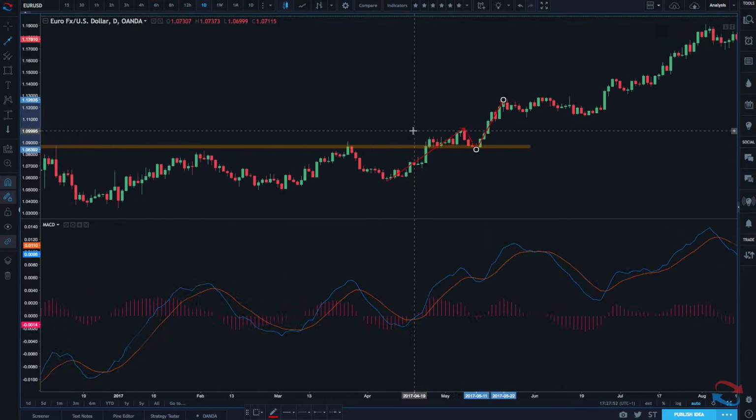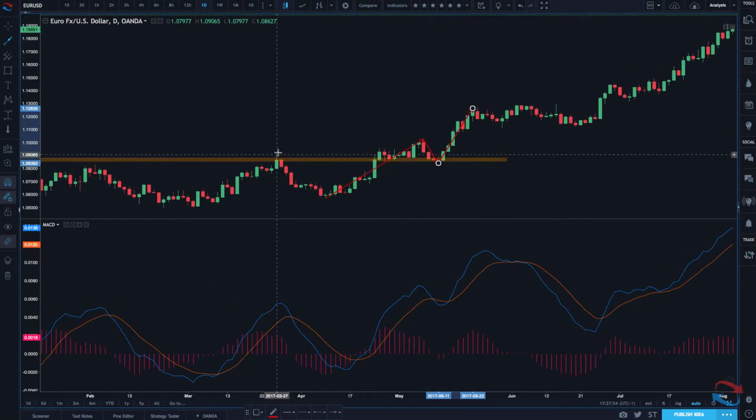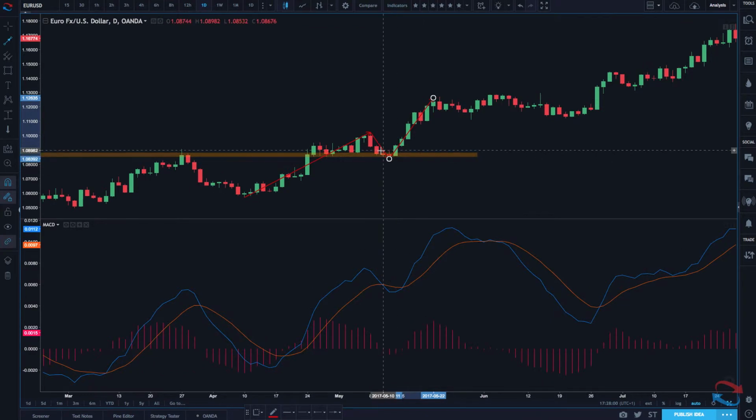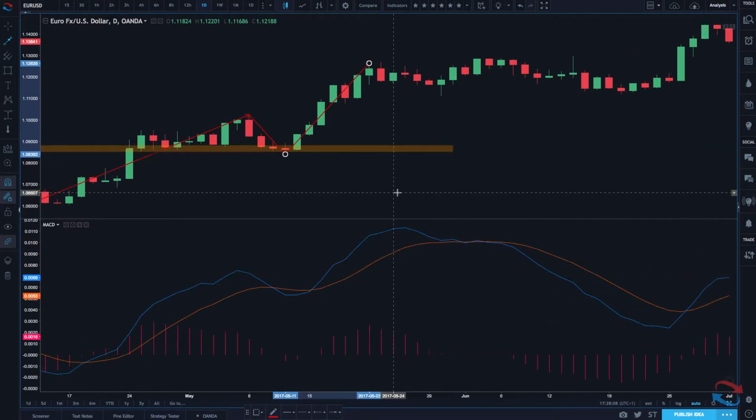Now, once price broke out above a certain level and prices pulled back, and once we then had confirmation here of some buying going on, we also had the MACD line was crossed by the signal line. So now on a daily time frame chart, we're looking for bullish or buy signals.